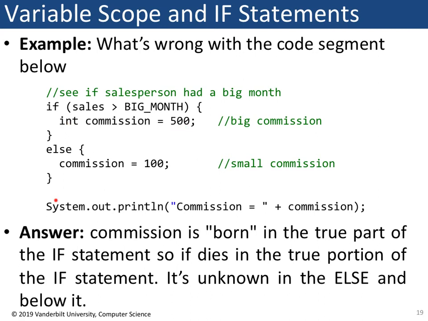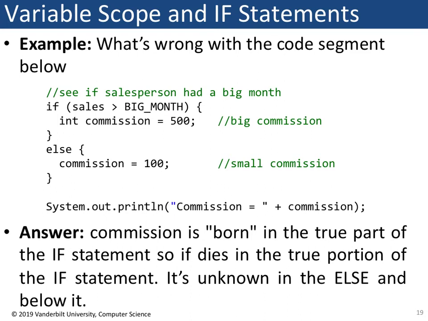Then later on down here, we will print out commission equals, and we will concatenate the value commission. Seems fine. No. Because this variable commission was declared inside of the if statement, when the if statement terminates at this second curly brace, the variable commission is removed from memory. So it doesn't exist outside of the scope of this if block.